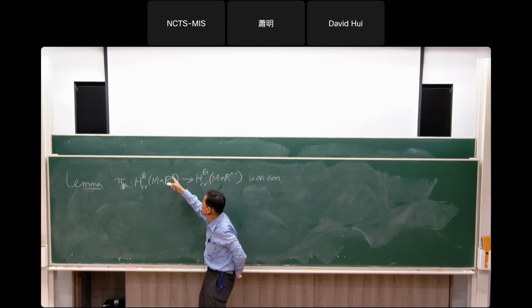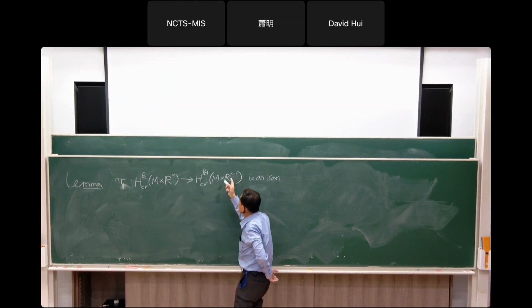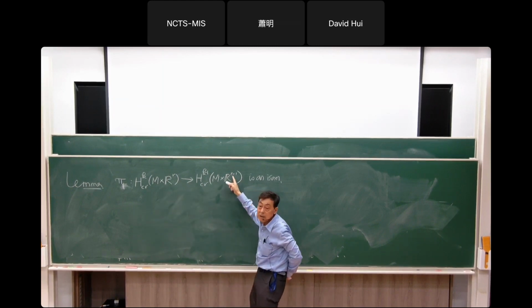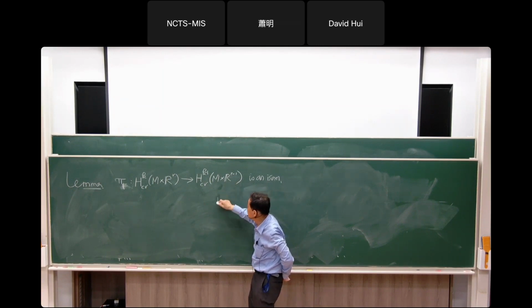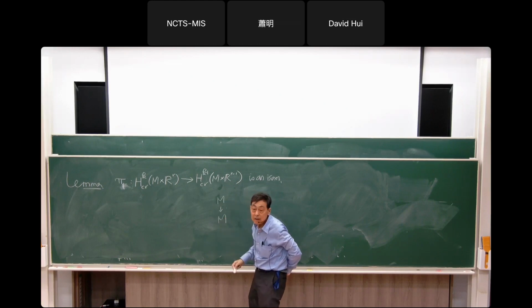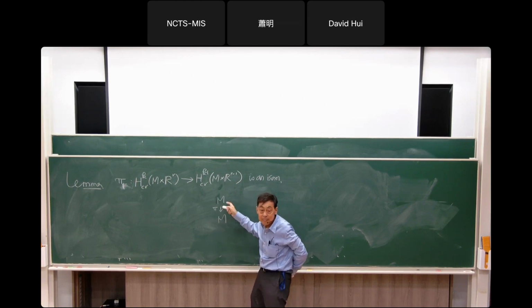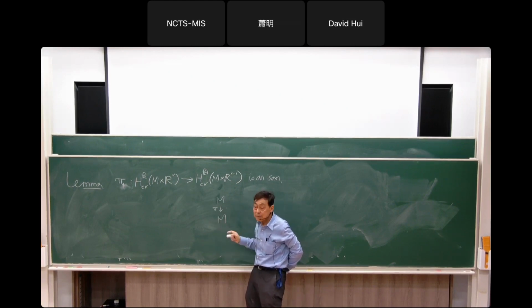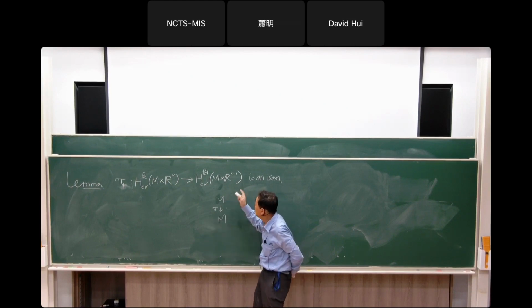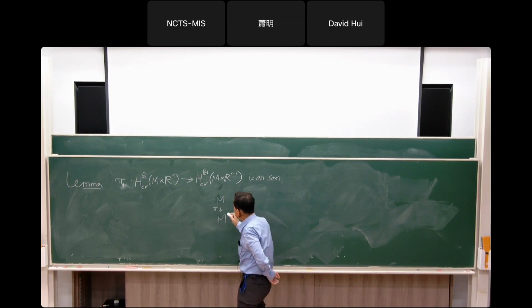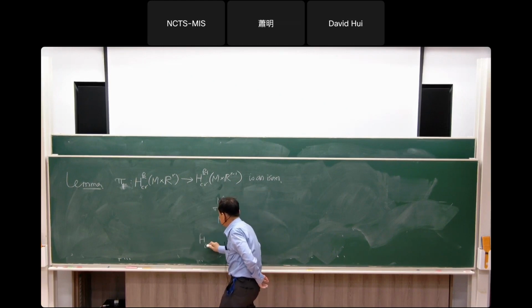So you can go from r eventually to 0. But when you have 0, that just means that your bundle has fiber a single point, okay?